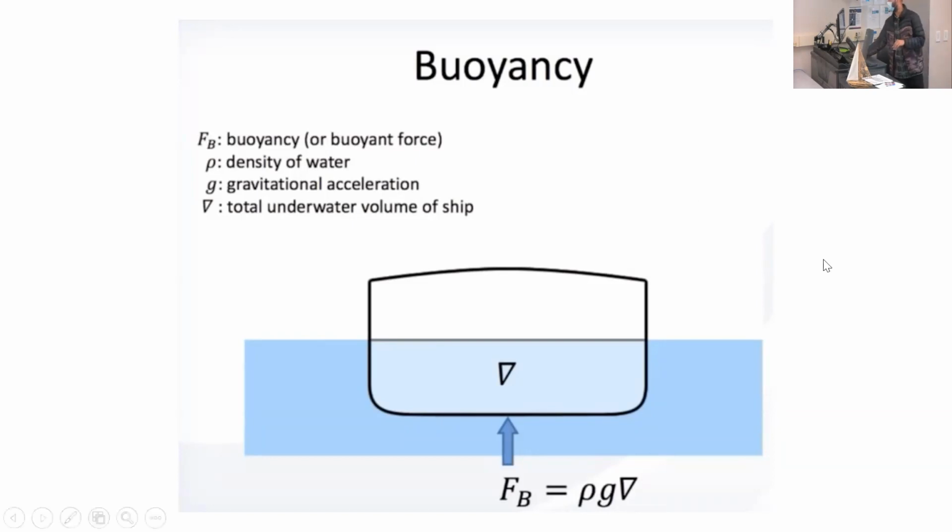You don't count that as contributing to buoyancy anymore. Okay? So any dry submerged volume contributes to buoyant force. This is basically density times acceleration due to gravity times displacement volume.